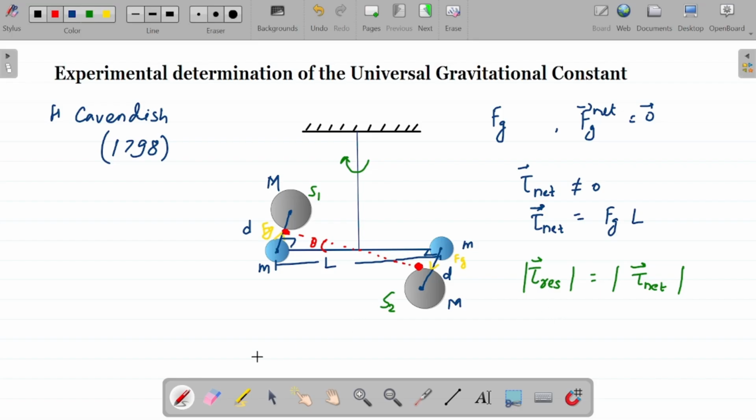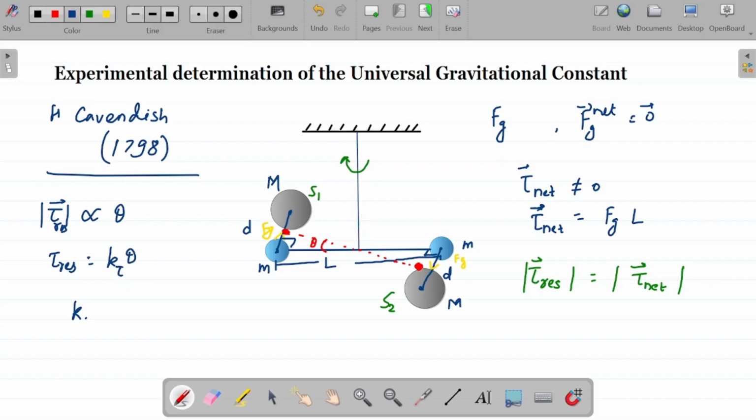Now, what about the restoring torque? Look, we can experimentally obtain one thing here. This restoring torque will be proportional to the angle of twist. If I write tau, restoring, of course I write res here, this will be some constant times theta.